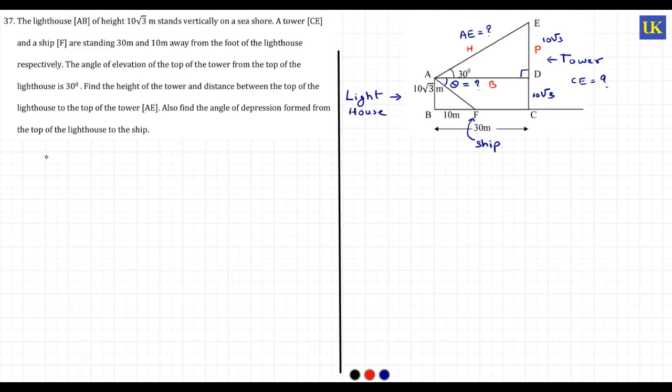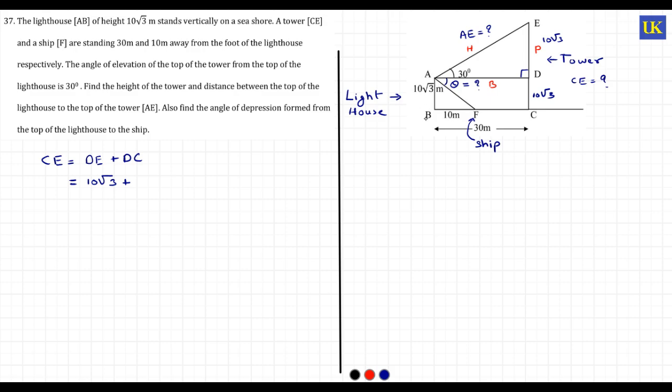Now what we'll do, guys, we have to find CE now. How can we find it? By adding DE plus DC. We are continuing the same thing on the next page now. So DE just now we found out is 10 root 3, and DC or CD, whatever you say, we have understood with our logic.